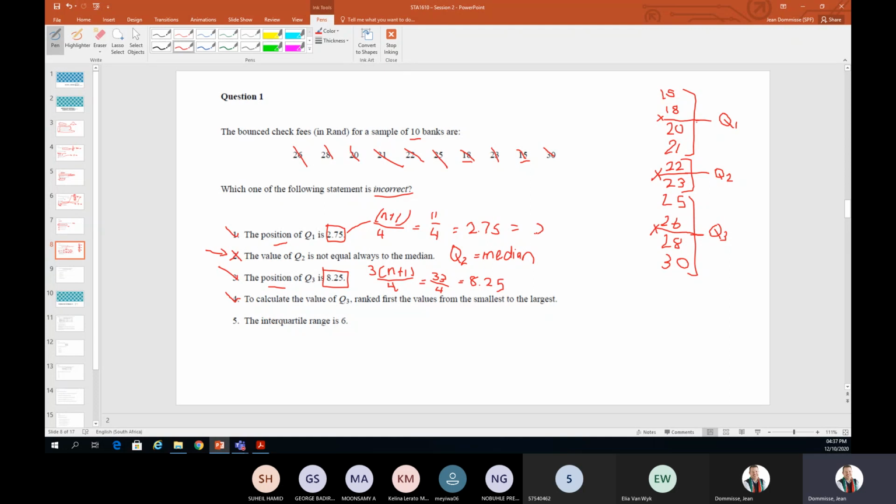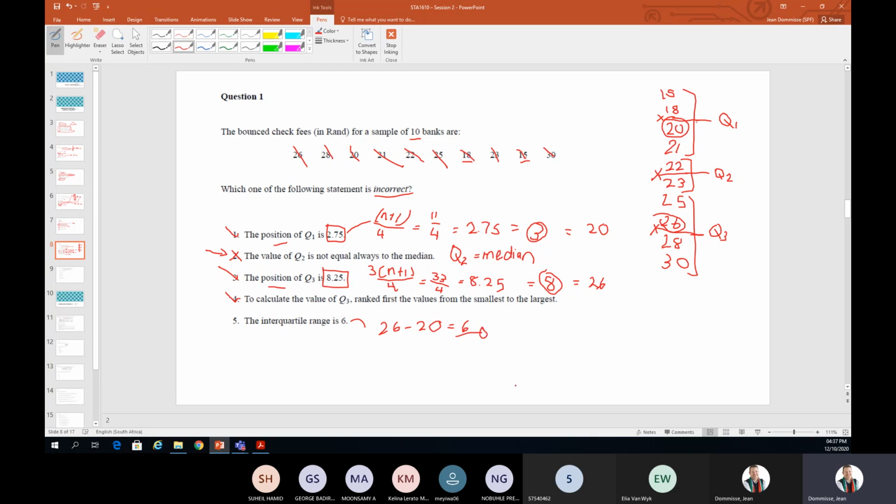So they say that is your third value, that is your 8th value. So your third value was 20, your 8th value was 26, so your interquartile range is 26 minus 20, which gives you the 6.